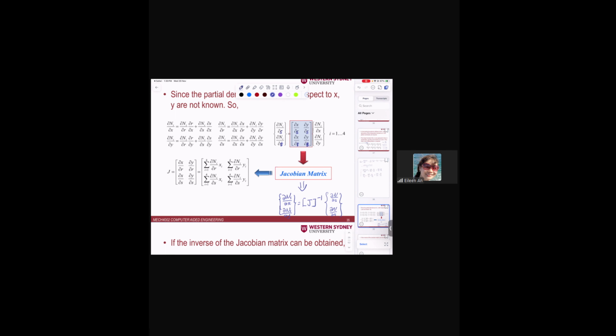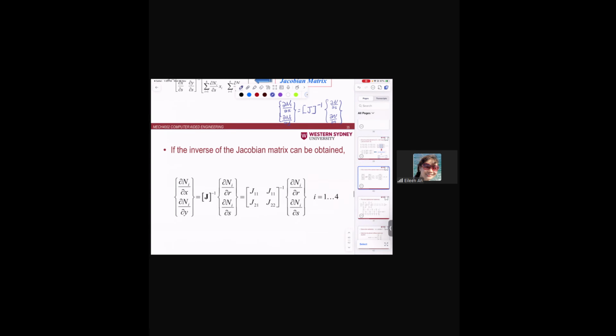If we want to convert S, T to X, Y, we need to use the inverse of the Jacobian matrix. Okay.